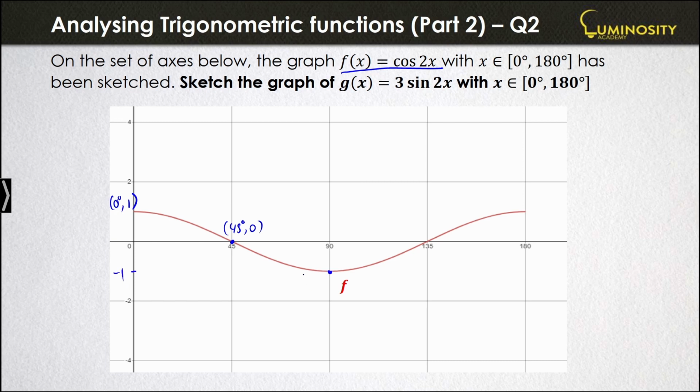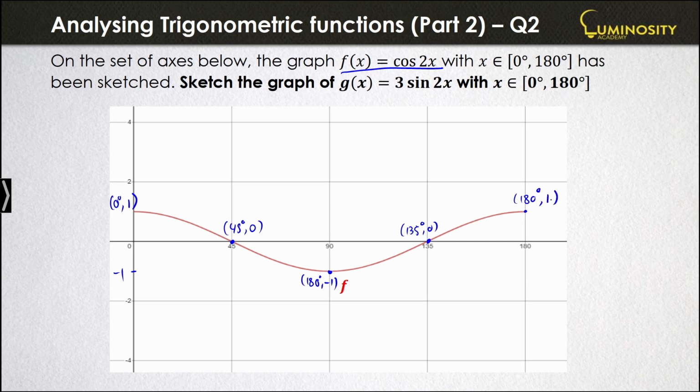So that's the minimum point there. If I put in 135 times 2 is 270, and the cos of 270 is 0. So that makes sense. That's an x-intercept. And lastly, at the endpoint 180 degrees, cos of 2 times 180 is 360, and the cos of 360 is 1.